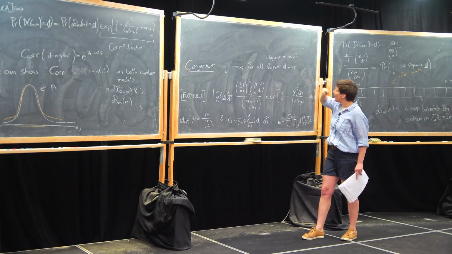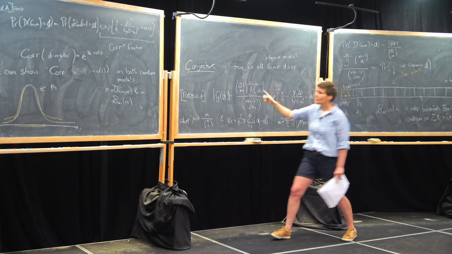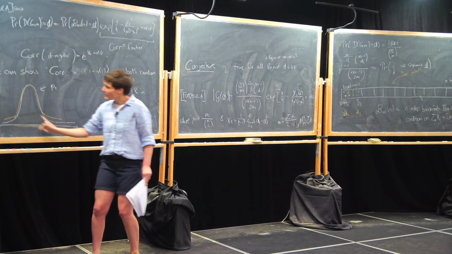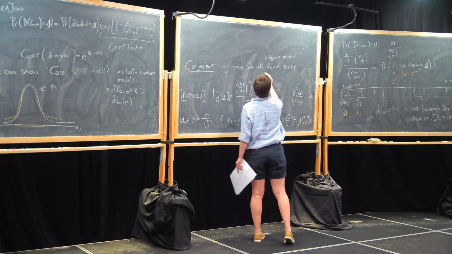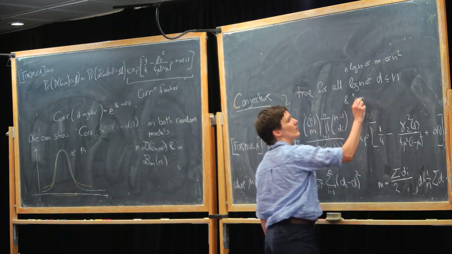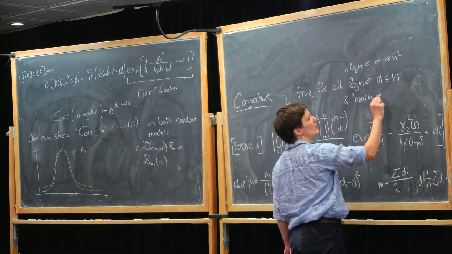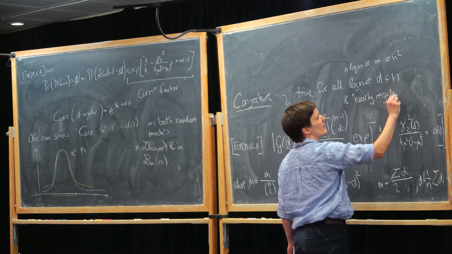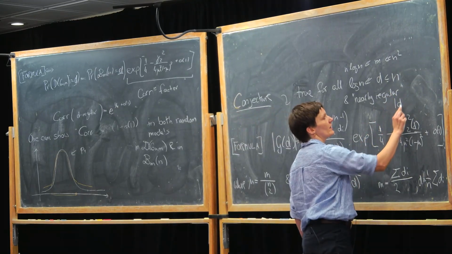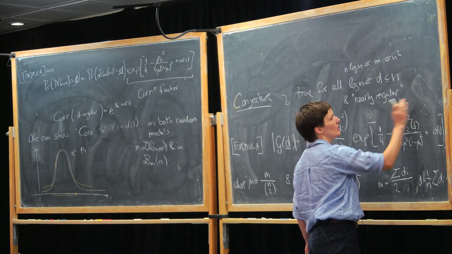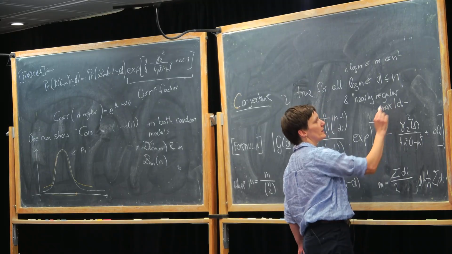And not for all sequences, but only those that we see here. So we call them nearly regular sequences. And these are sequences that satisfy some upper bound on the max degree deviation.